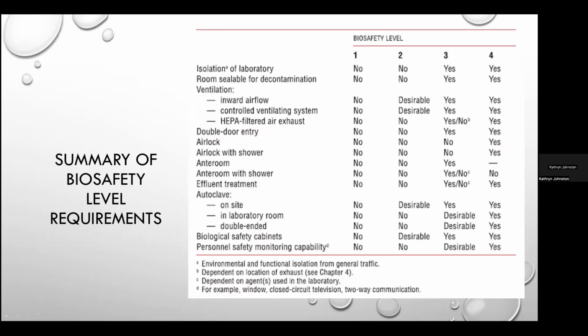When you look at this table, it summarizes the facility requirements at the 4 biosafety levels. And you have to keep in mind that the biosafety level assigned for a specific work or task is driven by a professional judgment that's based on a risk assessment rather than an automatic assignment of a biosafety level.